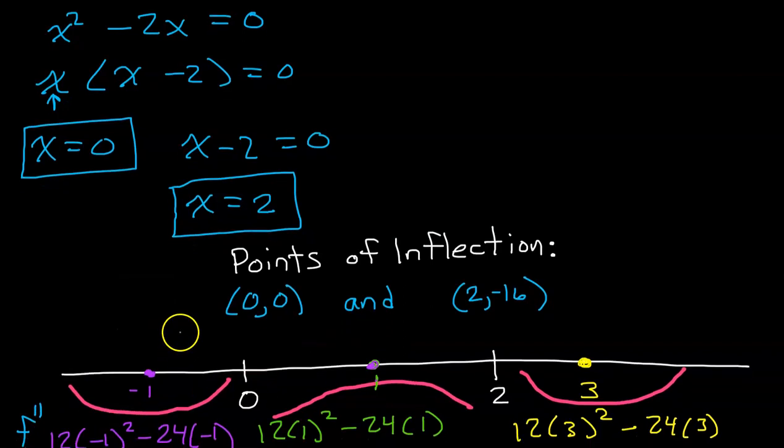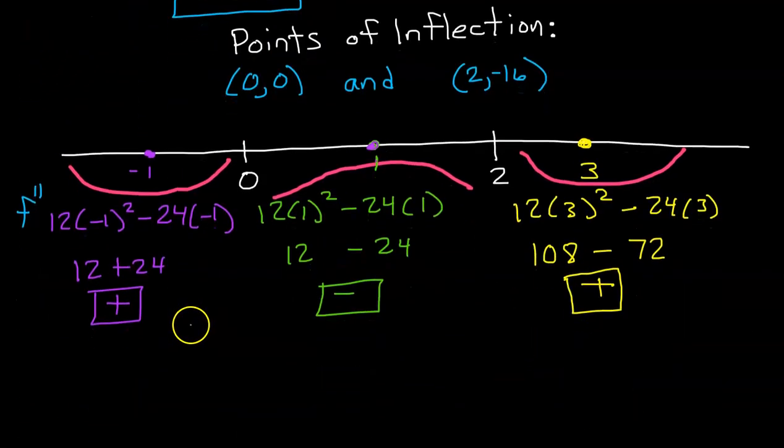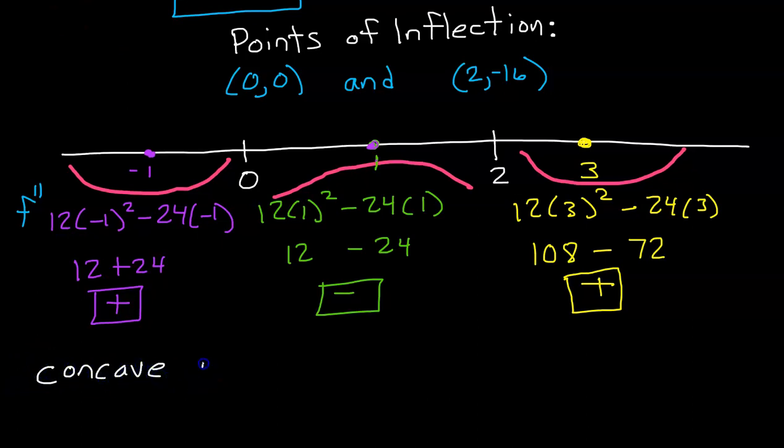For this problem, we were also asked to find the intervals of concave up and concave down, so we might as well answer that as well. The function is going to be concave up from negative infinity to 0, and also from 2 to infinity.